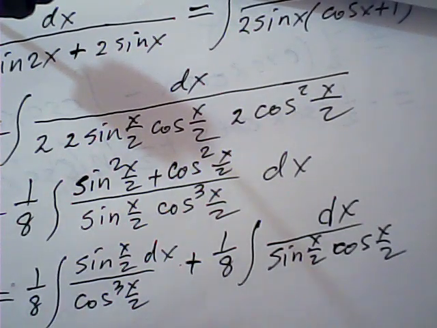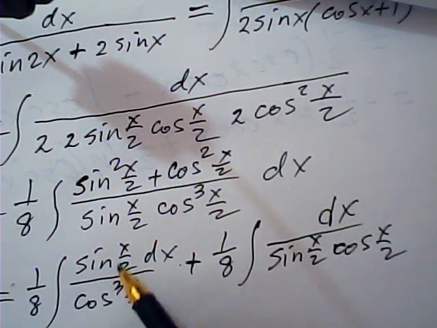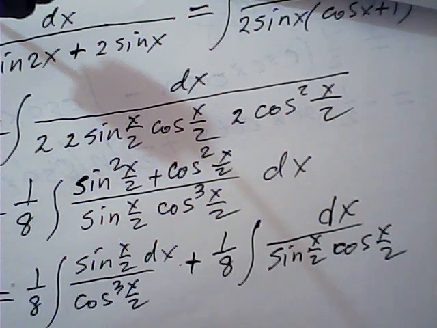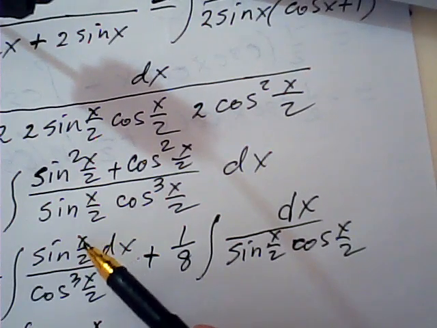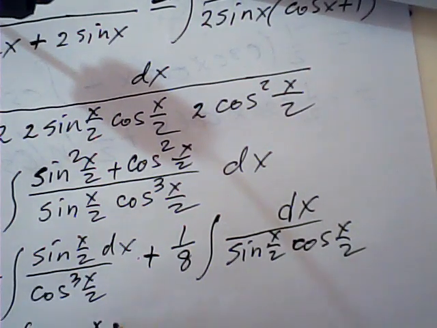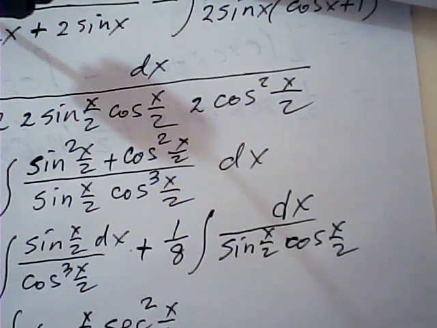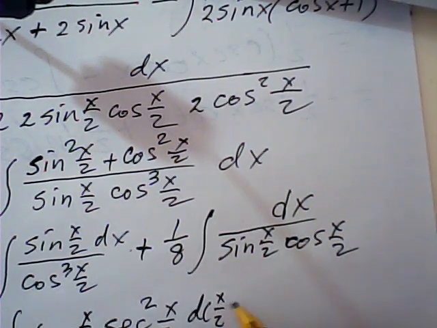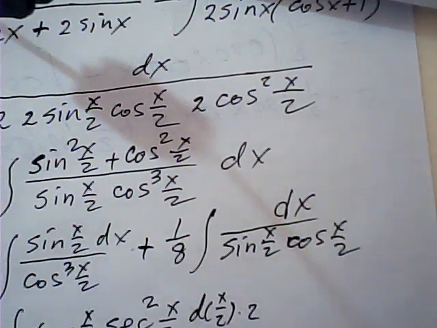Yeah. This one is a tangent, right? Tangent half of x. And the remaining 1 over cosine square is secant square of x. Right? dx, I can write as d half x multiplied by 2.